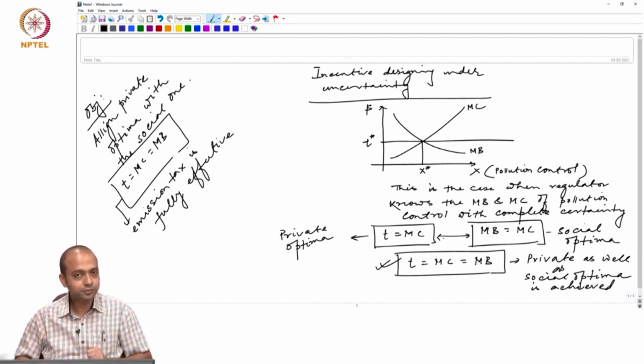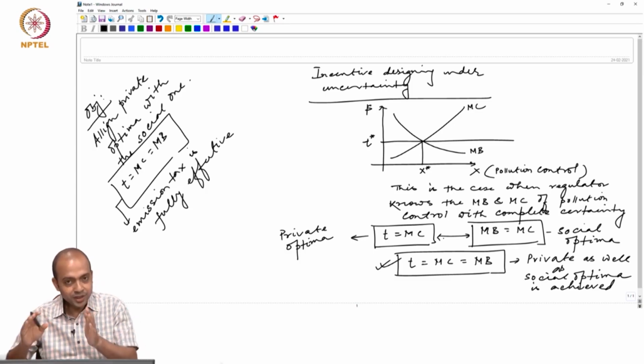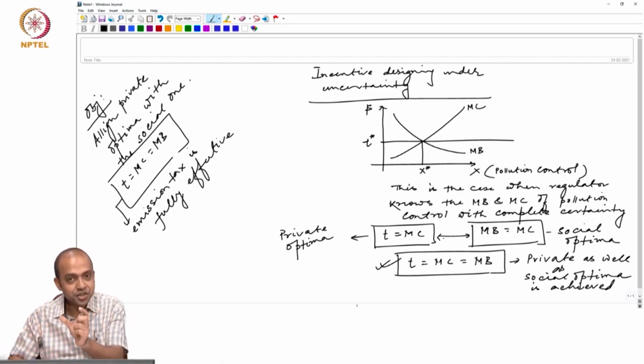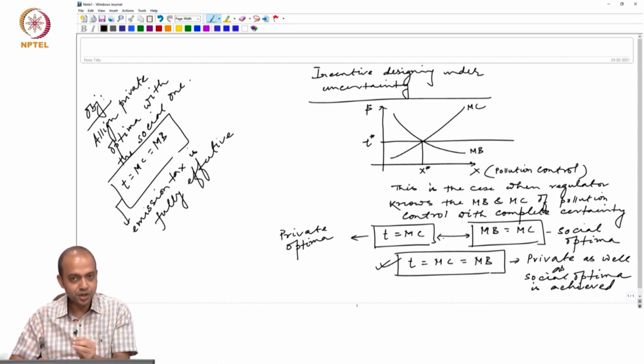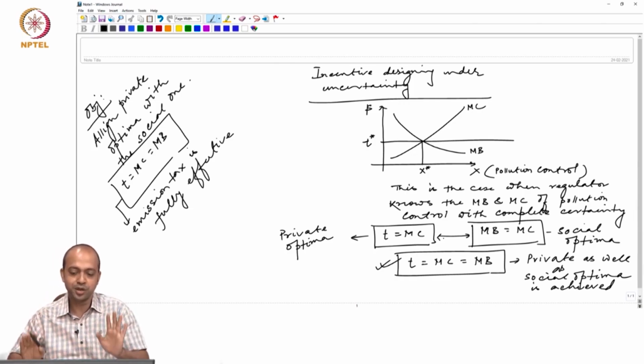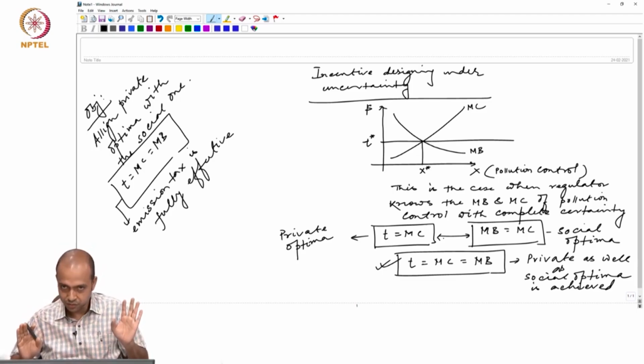Very simple. When private optima converges with social optima, we say that emission tax is completely effective. When there is a divergence, we say that emission tax is not fully effective, and the degree of ineffectiveness is measured by that divergence. That is what I wanted to say.